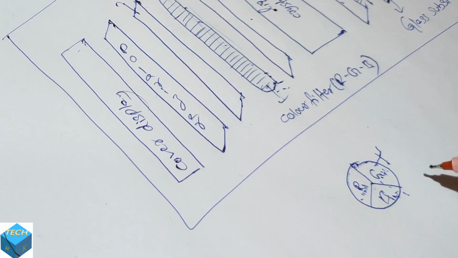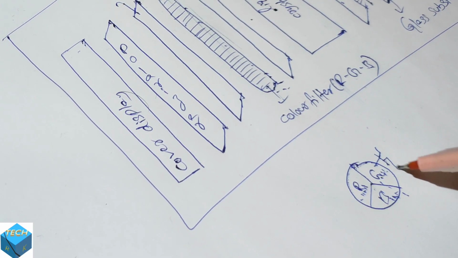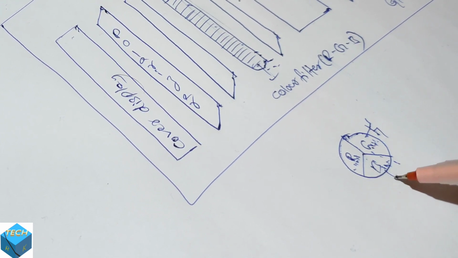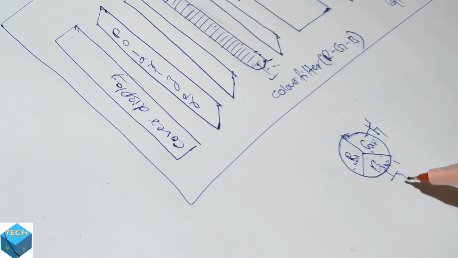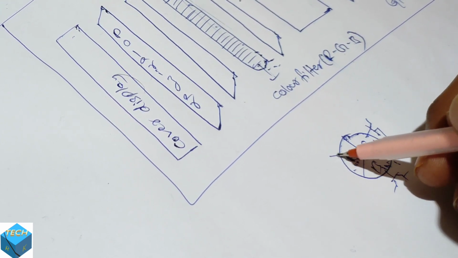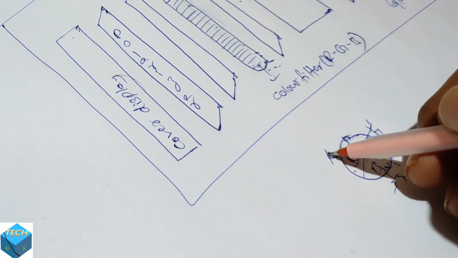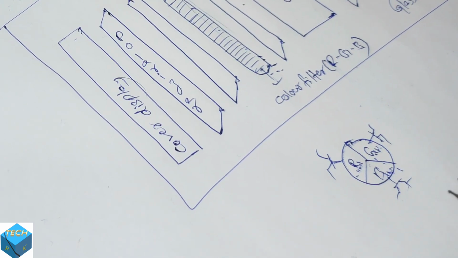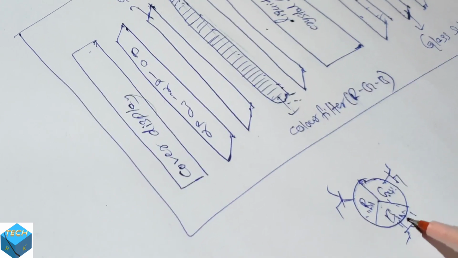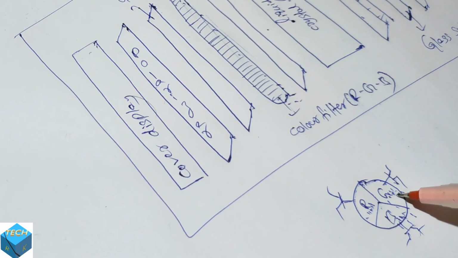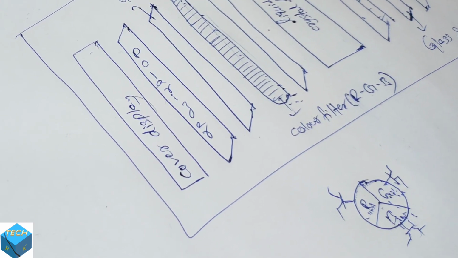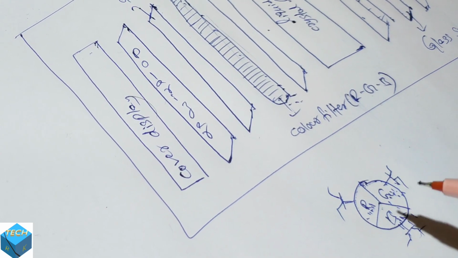For example, symbolically we can represent it like this. See, each transistor is connected to each subpixel. So with the help of this, we can control voltage to each subpixel separately instead of the whole.